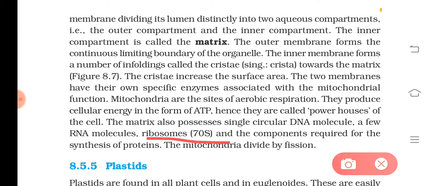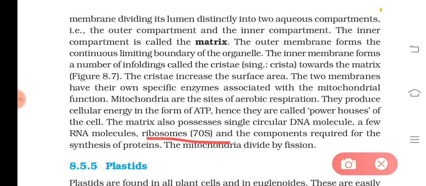So in mitochondria, the oxidation of food takes place, and the energy released from the oxidation of food is used to make the ATP molecules, and these ATP molecules are hydrolyzed to give the energy for instant purposes.